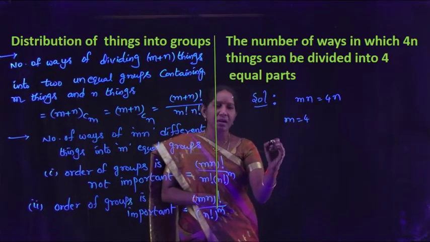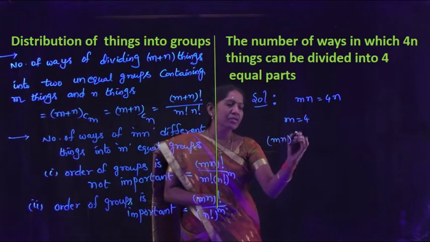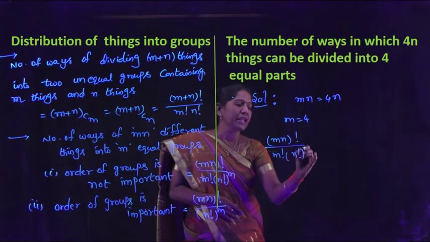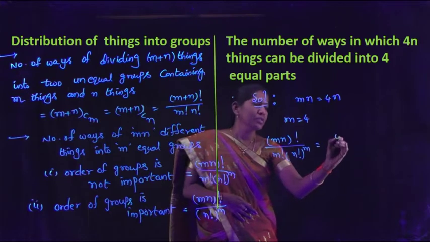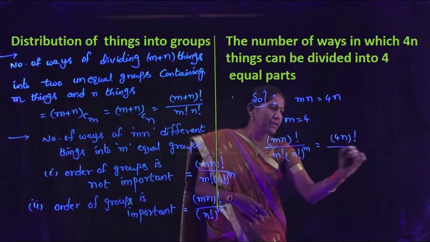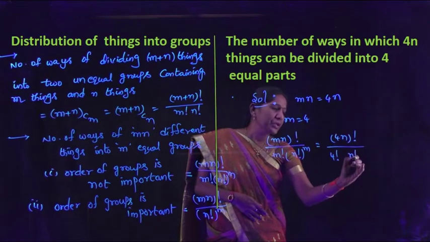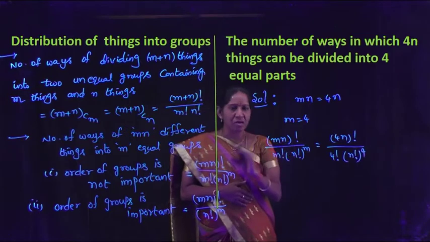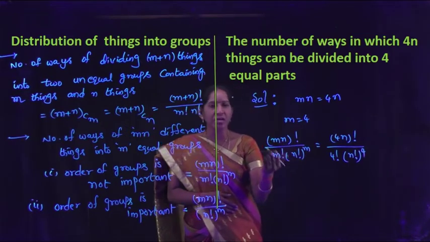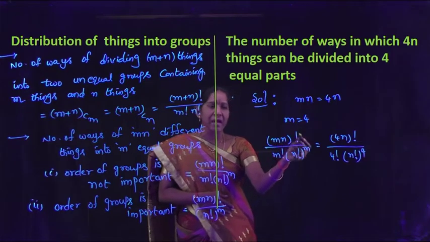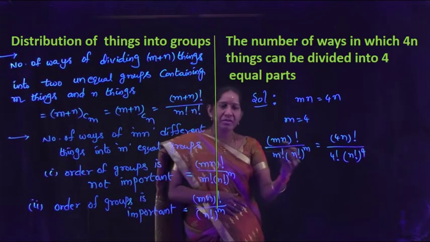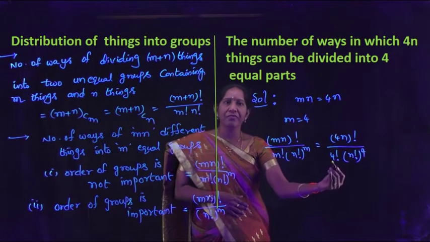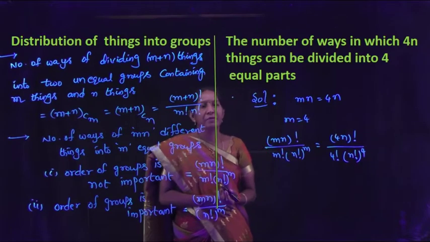Therefore, required number of ways is (mn) factorial by m factorial into (n factorial) whole to the power m. Put the values: (4n) factorial by 4 factorial into (n factorial) whole to the power 4. Here, order of groups is not mentioned, that means order of groups is not important.